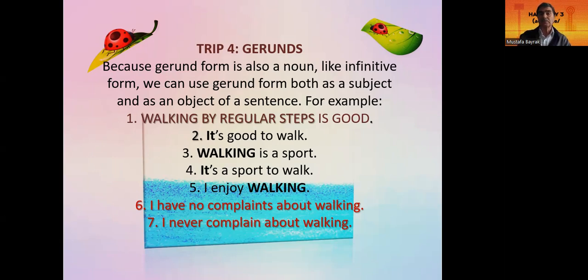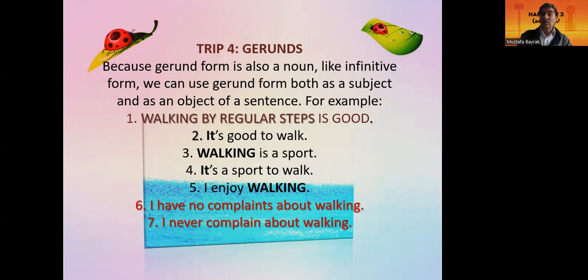For example, football is not a sport, football is a game. But swimming is a sport. With an impersonal subject, we do it like this, and this is more common. Instead of saying walking is a sport, it is better to say, it's a sport to walk.